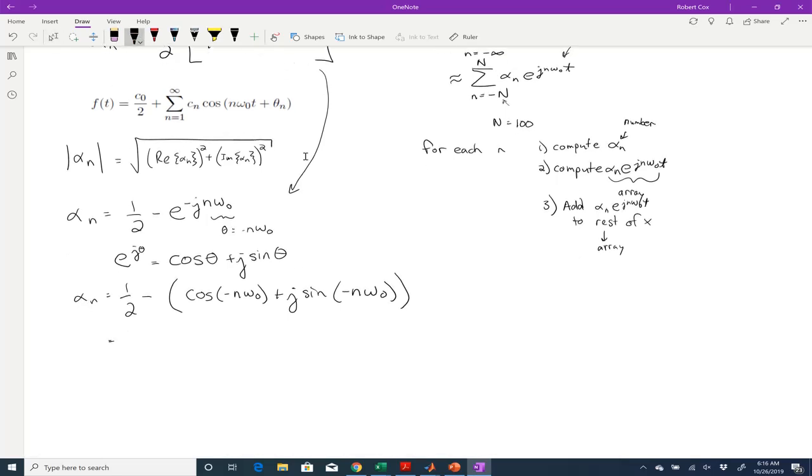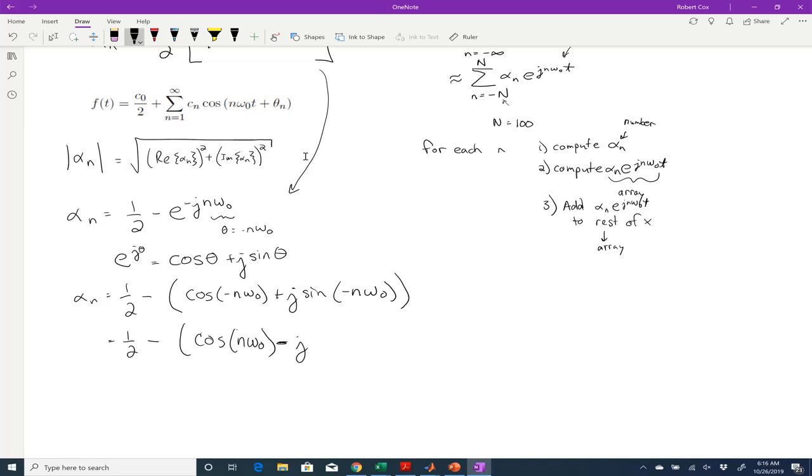I keep going. So this is 1/2 minus cosine. The cosine of a negative angle is the same as the cosine of the positive angle, so I rewrite that like that. The sine of a negative angle is the same as the negative sine of the positive angle.